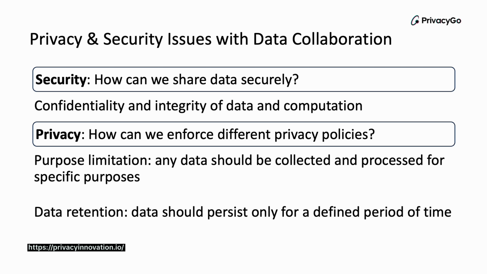For private data, we also need to think about how we enforce different privacy policies and control data lifecycle. For example, purpose limitation requires the data to be collected and processed only for specific purpose, with explicit consent from the individual. Also, data retention policy requires the data to persist only for a defined period of time.